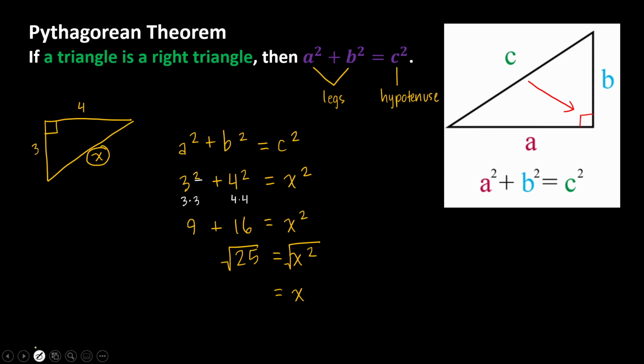And as a reminder, this is not dividing 25 by 2. This is saying what number times itself is equal to 25.